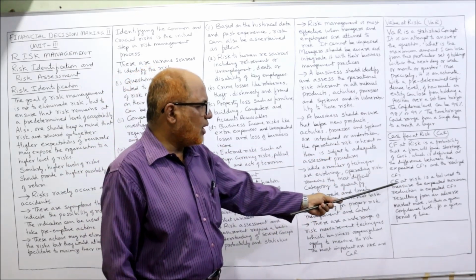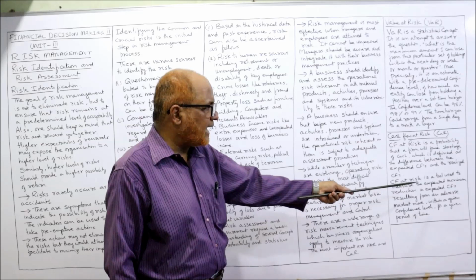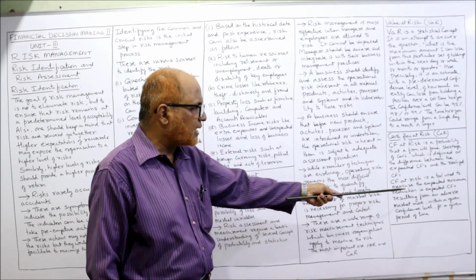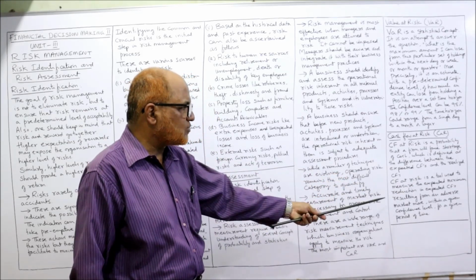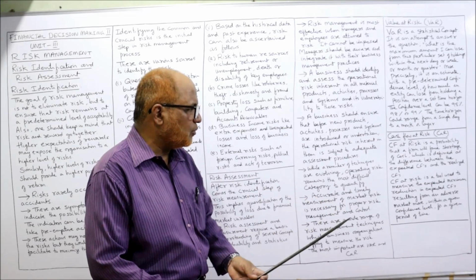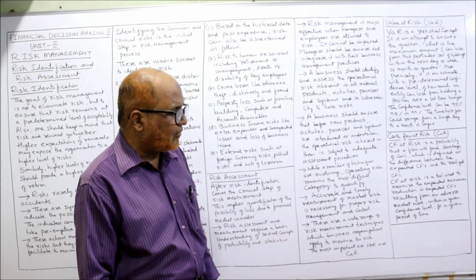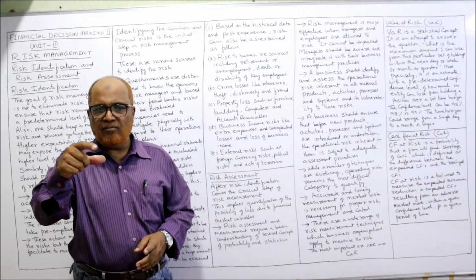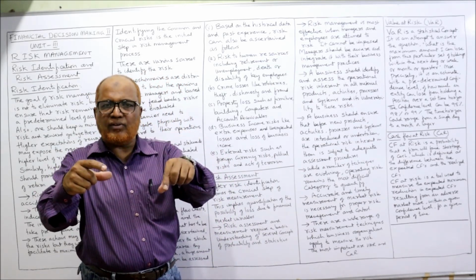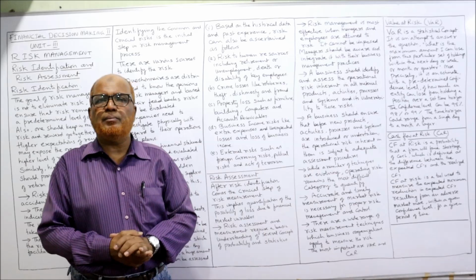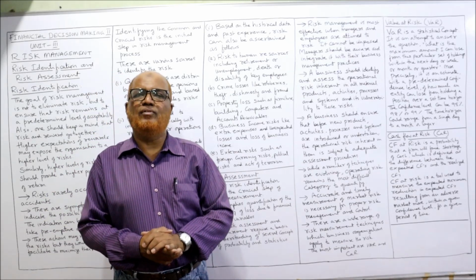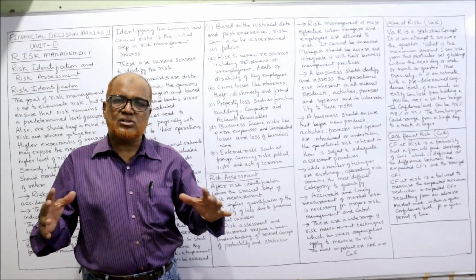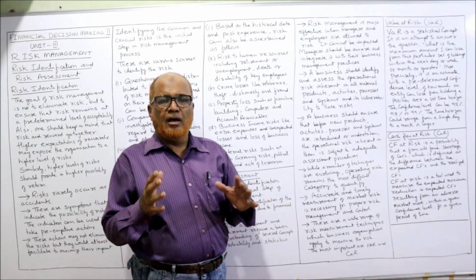So, cash flow at risk is a tool used to measure the expected maximum reduction in expected cash flow resulting from an adverse market move within a given confidence level for a given period of time. Just like VAR, for a given period of time at a given confidence level, what is the maximum cash shortage we may face? This is called CAR.